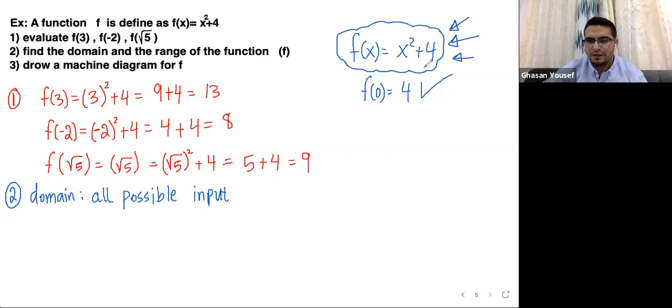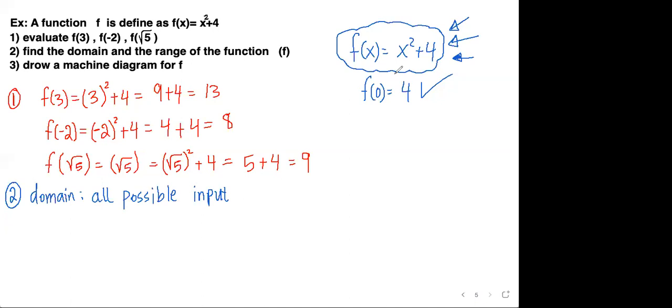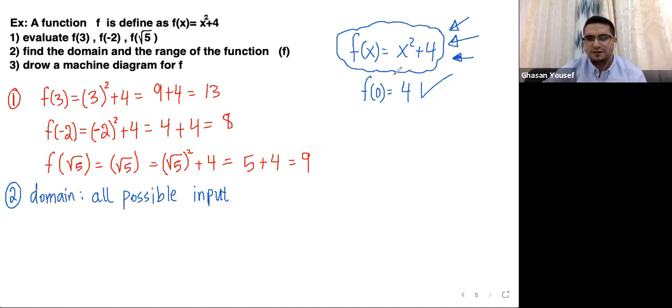Amr, can I plug negatives here? Aisha, can I plug negatives inside this function? Like -1? Yes, I can plug negatives. They will be defined if I plug any negative, -1, -2, -3, any negative number inside the function.